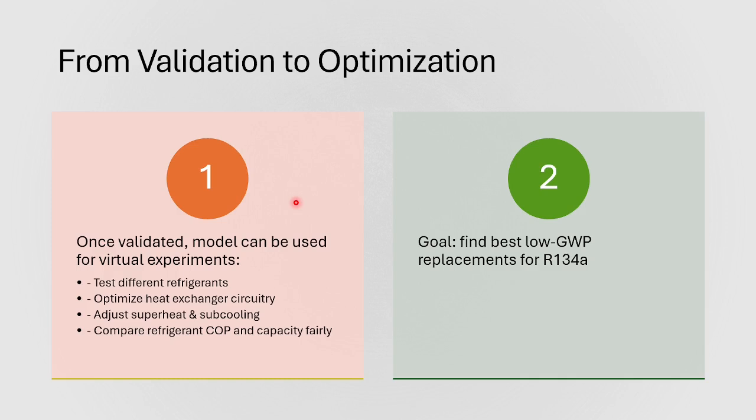And here's the exciting part: optimization without validation is just a guess, but optimization with validation is a powerful design tool. So our goal is to find the best low GWP replacement for R134A in this video.